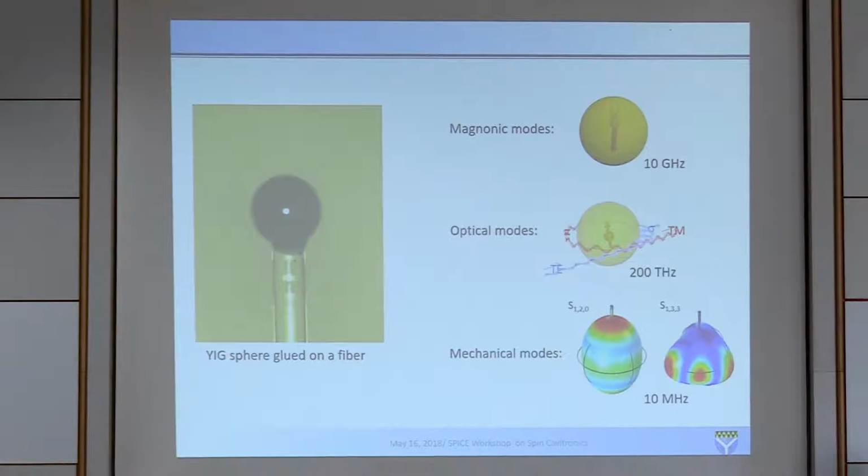And for the optical mode, we work with telecom wavelengths, around 200 terahertz. The acoustic mode is slower, anywhere from 5 megahertz to 30 megahertz. So their frequencies are vastly different. How do you couple them together?